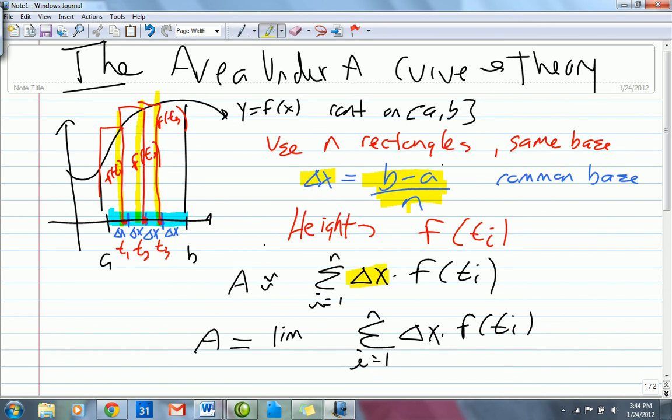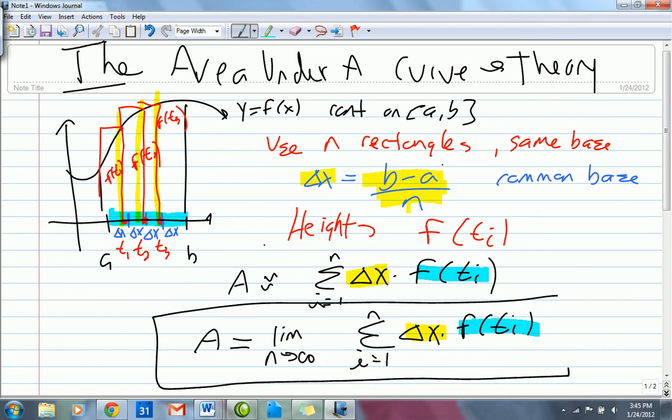Here's your base, here are your heights. The only difference is that here I want an infinite number of rectangles. I no longer want 4 rectangles or even 400 rectangles. I want the limit of the base times heights, the delta x, which is b minus a over n, times the heights, which are f of each tag.